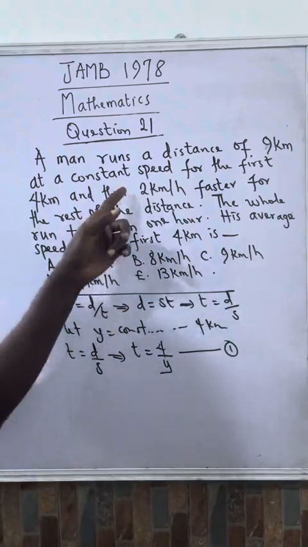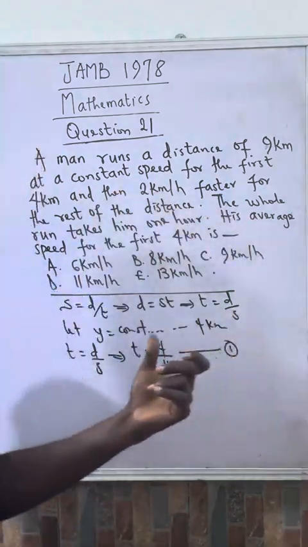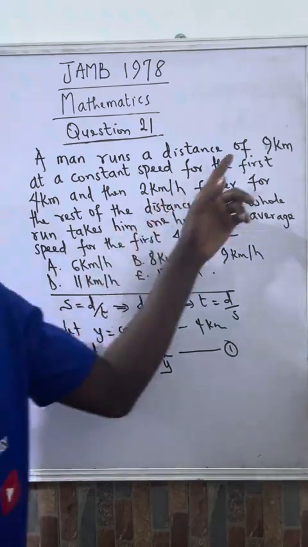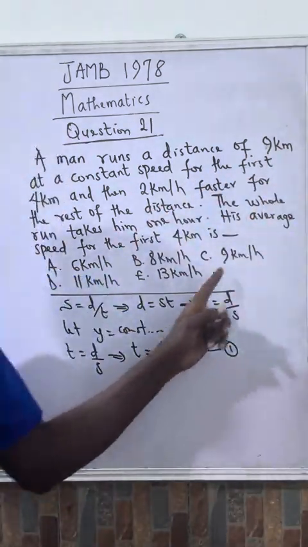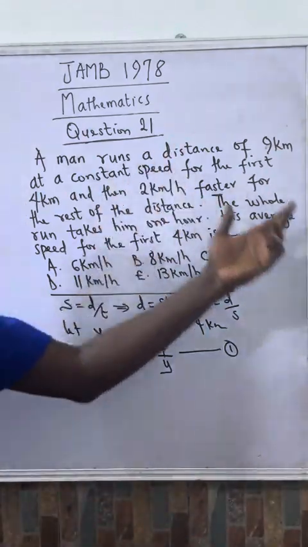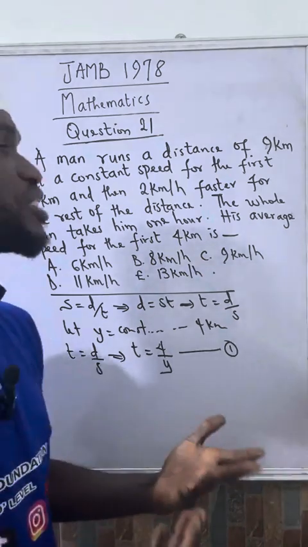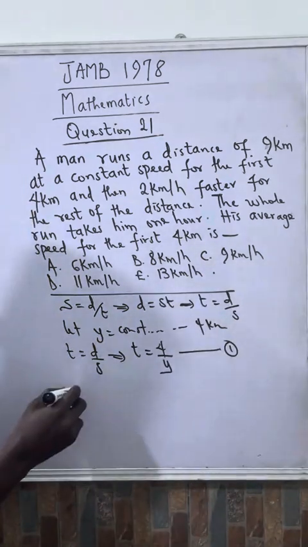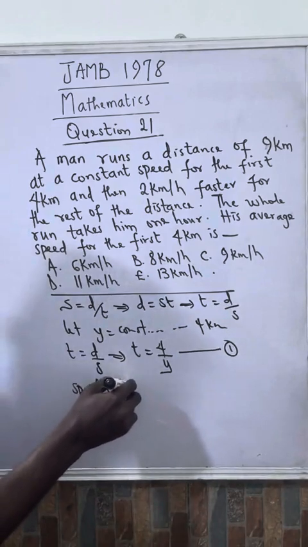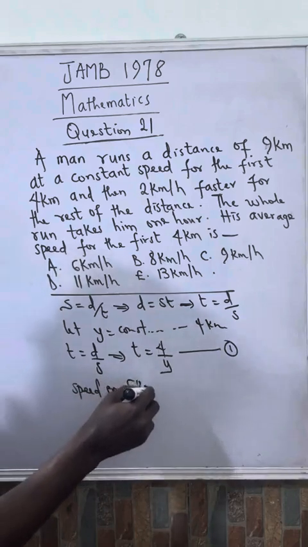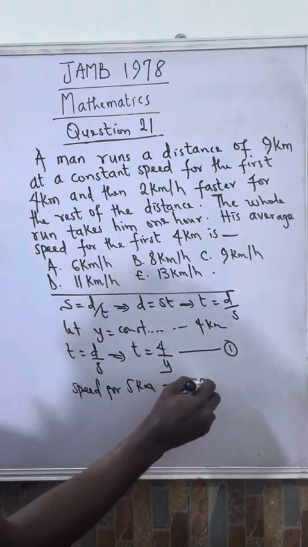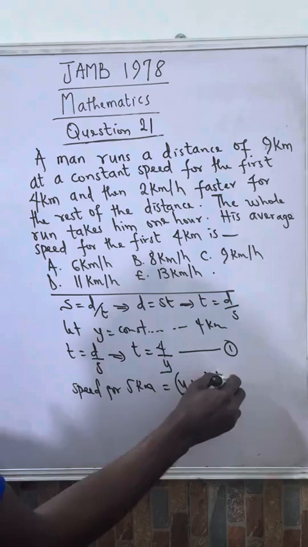Secondly, it said the man moves 2 kilometers per hour faster. So that means the speed for the rest of the journey, after taking away 4 kilometers, the remaining part of the journey will be 5 kilometers. For the remaining 5 kilometers, it moves 2 kilometers per hour faster. So the speed for the remaining 5 kilometers will be y plus 2 kilometers per hour.